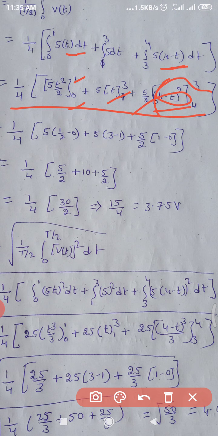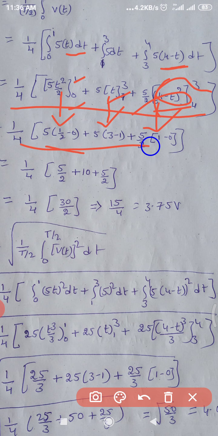Now simplify the above equation by applying the limits. If you apply the limits, what we are getting: 5 into 1 by 2 minus 0. Here 5 into (3 minus 1). Here 5 by 2 minus 1 minus 0.